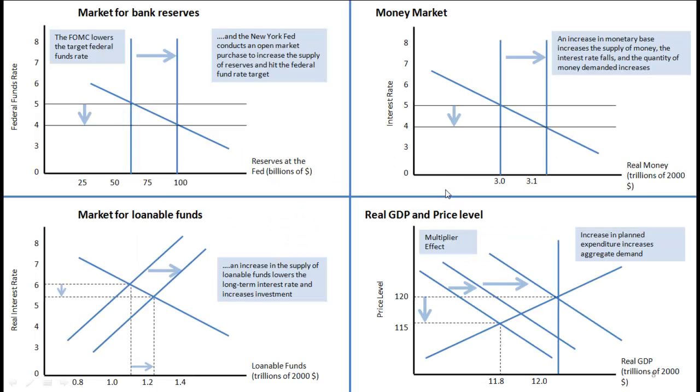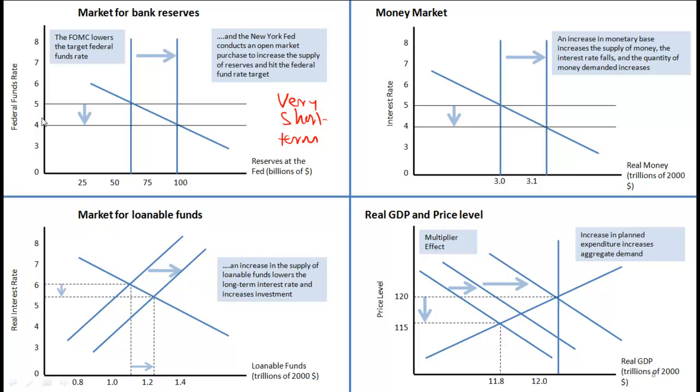Let's take a slightly more detailed look. This slide helps illustrate that, simplistically put, there are three markets for money that we will be concerned with. One market deals with the very short term interest rates, which we have been calling the federal funds rate.